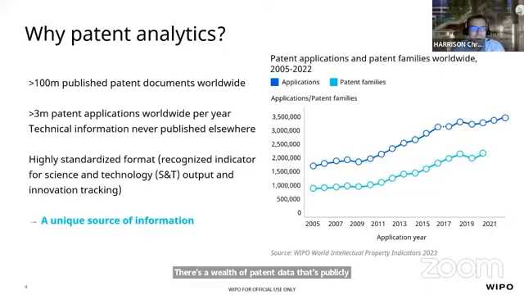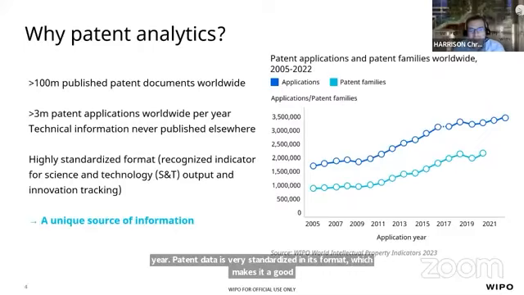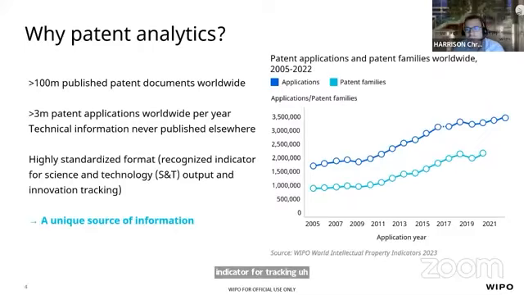There are over 100 million published patents worldwide, growing by over 3 million a year. Patent data is very standardized in its format, which makes it a good indicator for tracking science and technology outputs and for innovation tracking more broadly. Ultimately, it is a unique source of information.